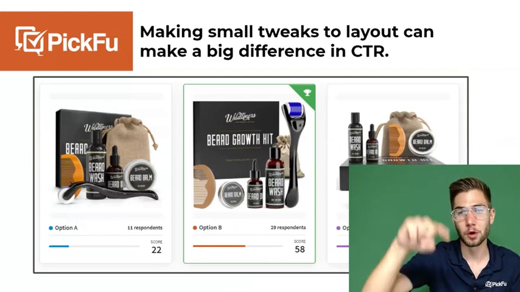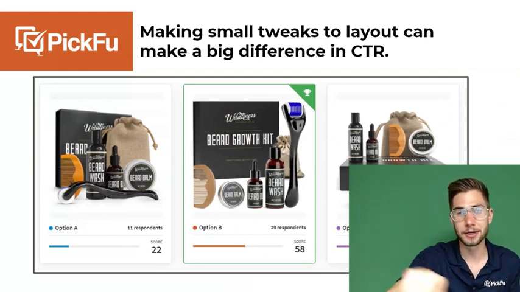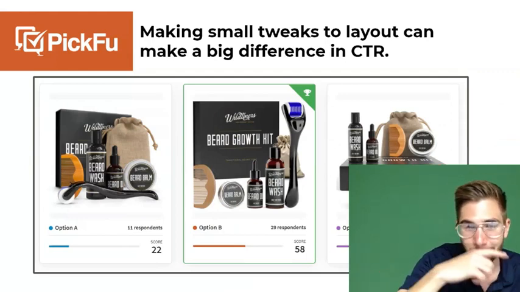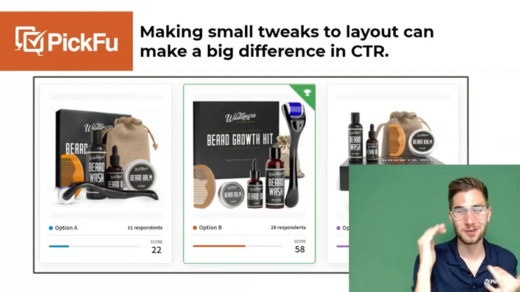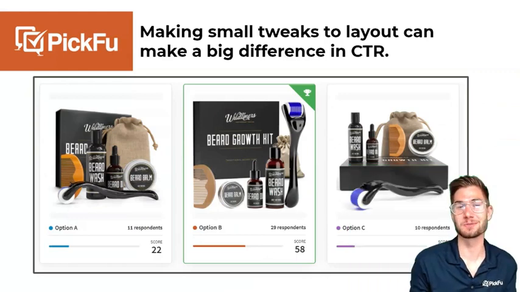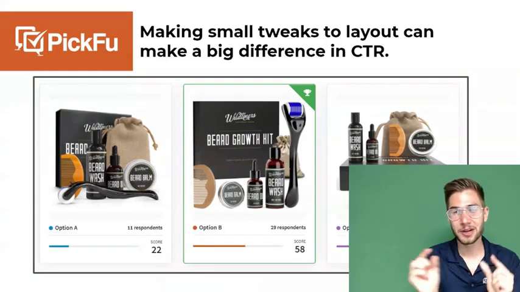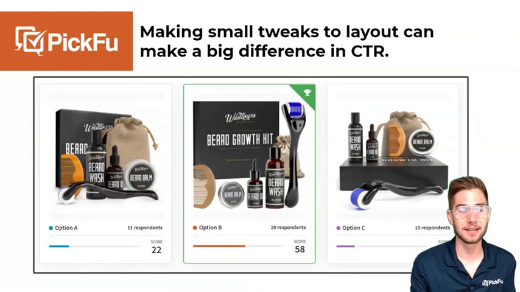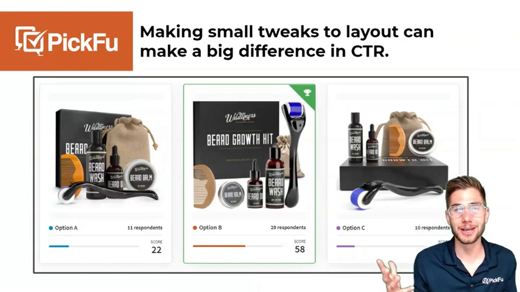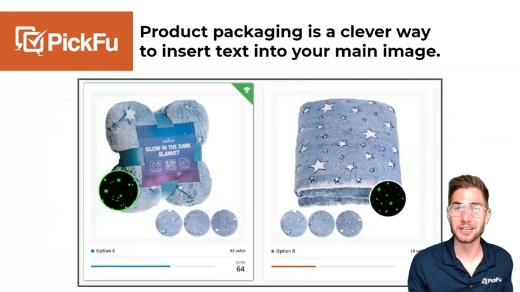I can see the derma roller, I can see the beard wash, I can see the beard, I can't really see the beard oil and the beard balm, right? Maybe I would even shift that bottle a little bit over so I could transmit more clear information into the customer's brain, right? These are very, very small tweaks, and it might seem like when you're going through this optimization process, what am I even doing? Is this really going to move the needle? And the answer is yes, it definitely does move the needle.